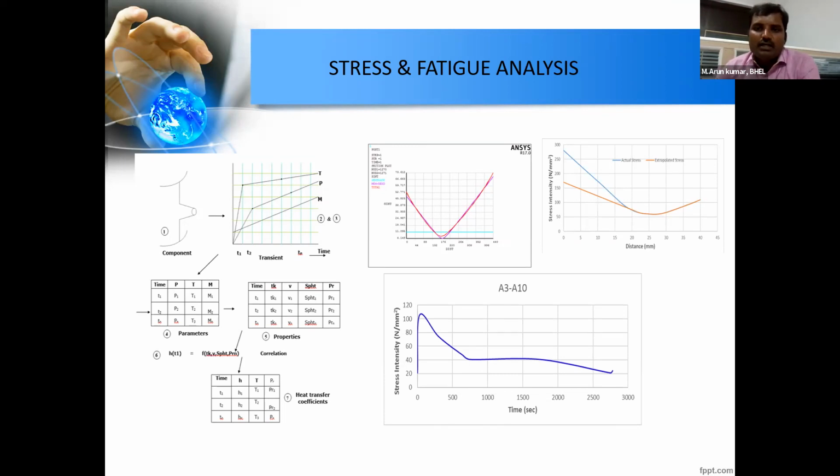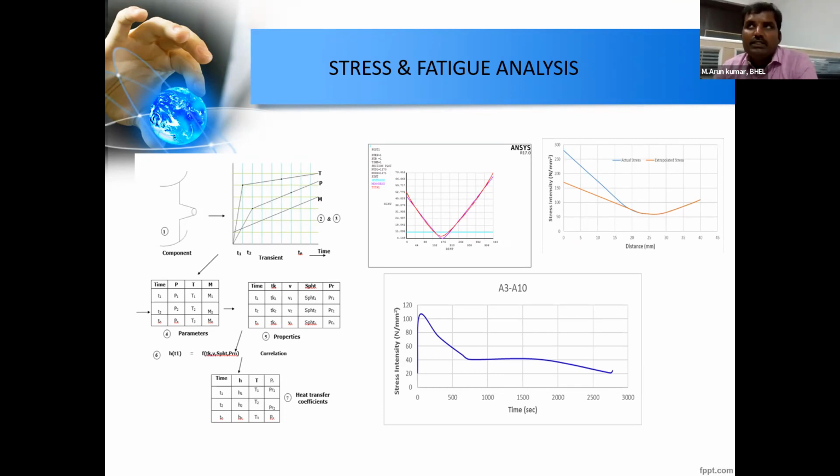So I suggest to the forum that whenever we do stress and fatigue analysis for nuclear components, not only do we have to go for categorization as suggested by ASME Section III, MB 3000, we have to do singularity analysis also.